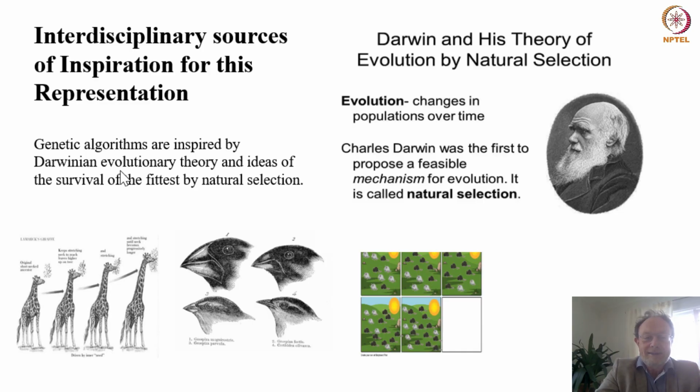You can see below some pictures that illustrate the functionalities of this gradual organic development of the natural species. In Darwin's theory of evolution, populations change over time, and he was the first to propose a feasible mechanism for how this happened.